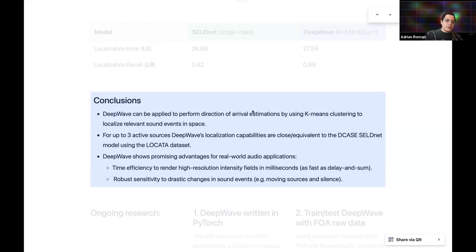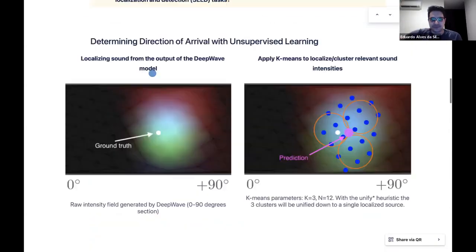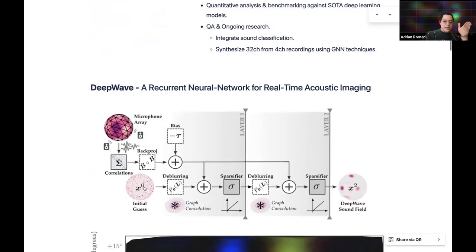I'm writing DeepWave in PyTorch right now, and the reason is to add a lot more features that I see the model is lacking. One is the temporal context. Essentially, right now all the model does is take 100 millisecond frames of audio, and for the next batch it doesn't know what happened before. So what I want to do is give that as the initial conditions, because, as I mentioned, it starts with an initial guess.